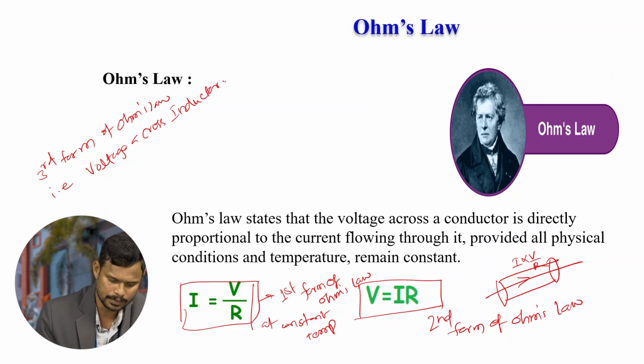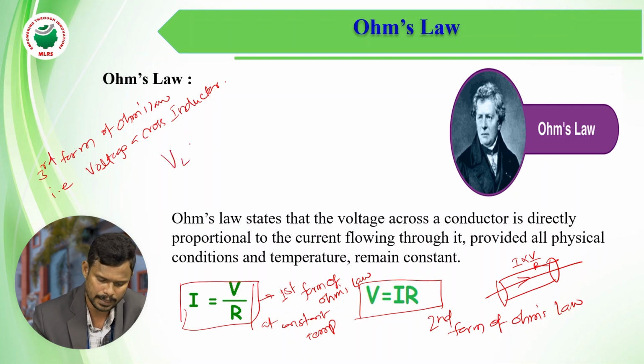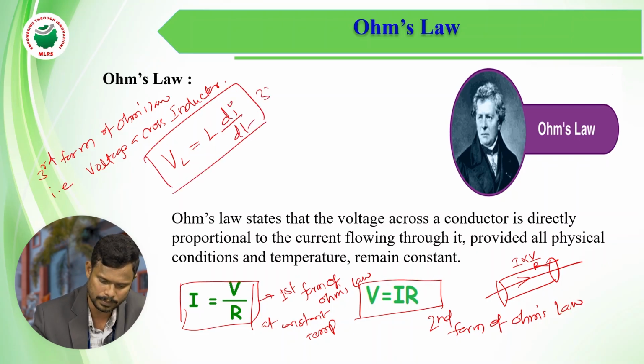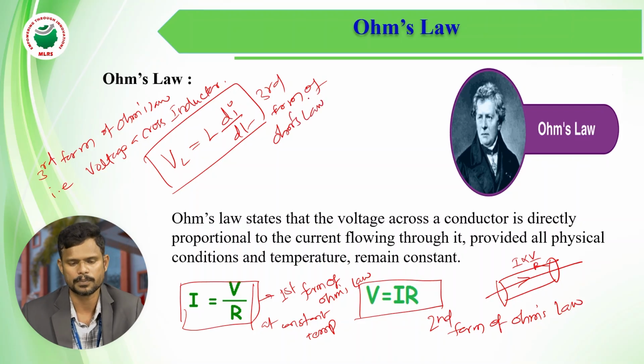Voltage across the inductor is VL equal to L into di by dt. That is a voltage drop across the inductor formula. That is also called the third form of Ohm's law.